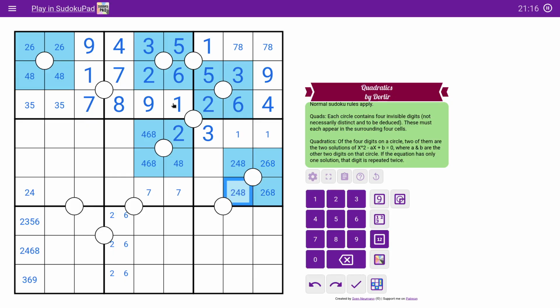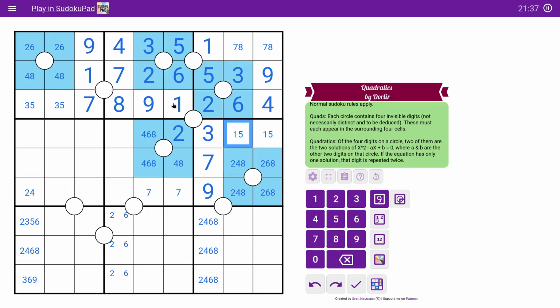No 6, no 4. Here we have a 4 and 8, and either a 2 or a 6, but not both. So here's the 5, and here's the 9, 7. I already see where this is going.